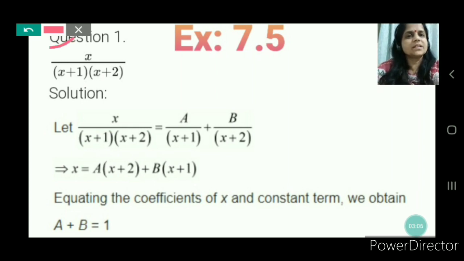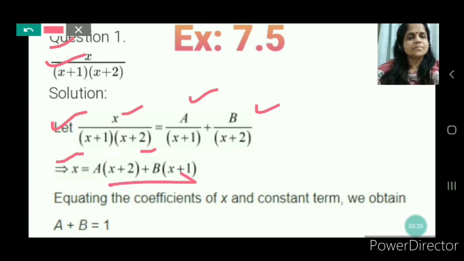We have to find the integration of x by (x plus 1) into (x plus 2). So let x by (x plus 1)(x plus 2) equal A by (x plus 1) plus B by (x plus 2). Now students, take LCM on both sides. So here you will get x, and here A into (x plus 2) plus B into (x plus 1).